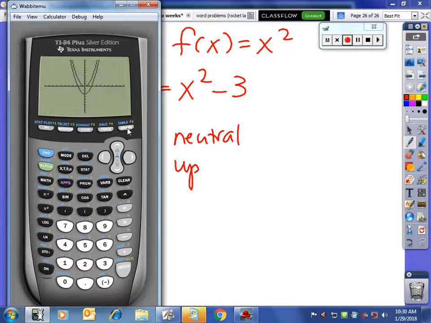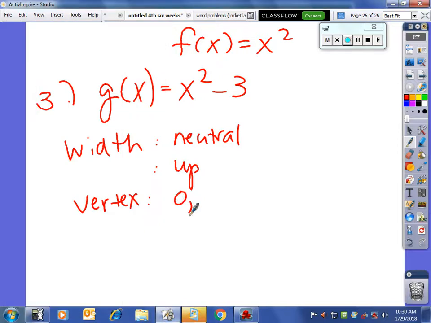The vertex was at 0, 0. And we know the whole thing had to go down 3 spaces. So where do you think it's at now? 0, negative 3. And if we mathematically figured that out, it would be 0, negative 3.